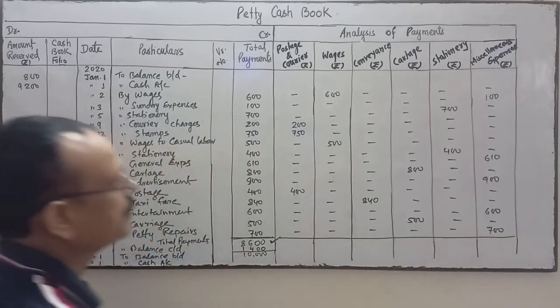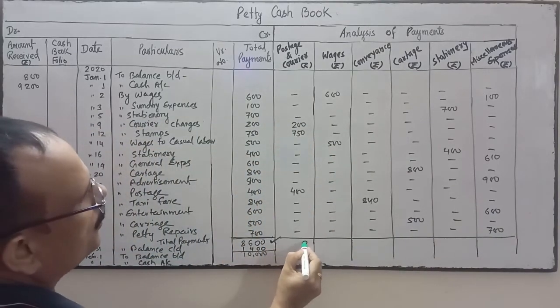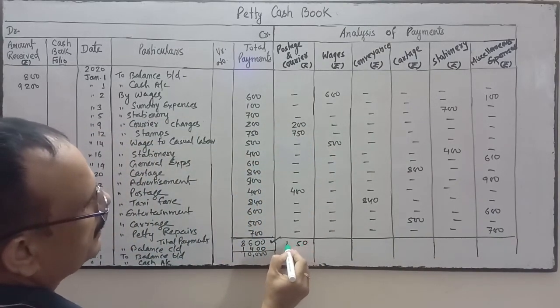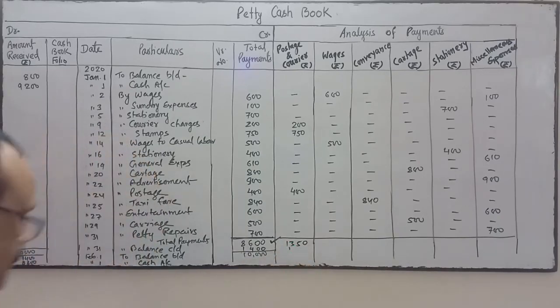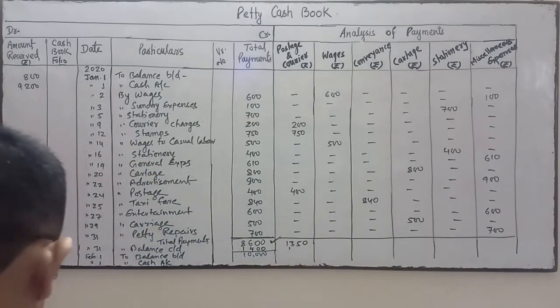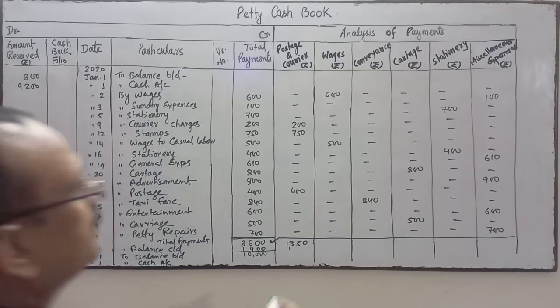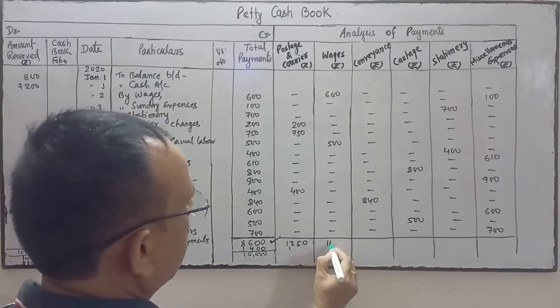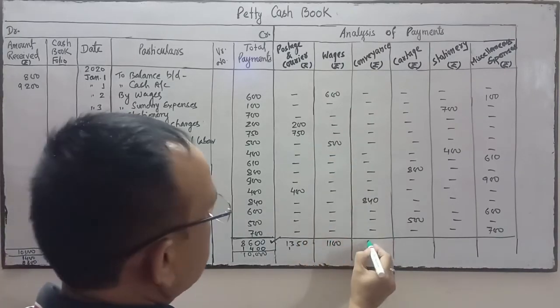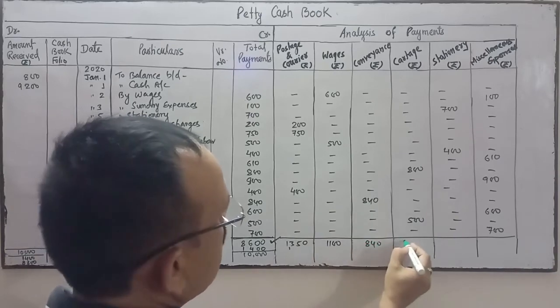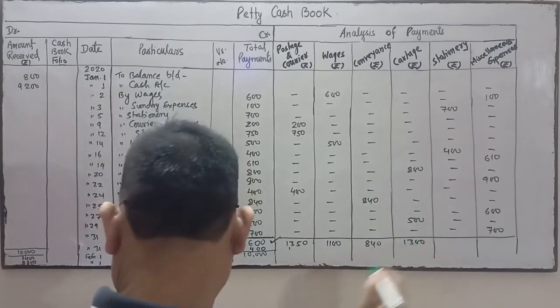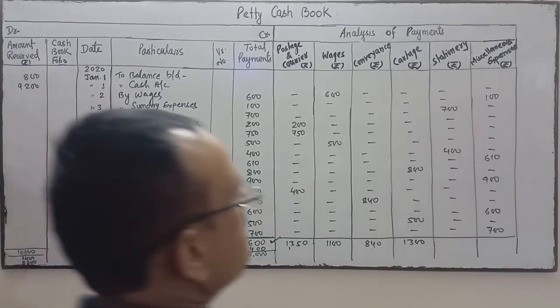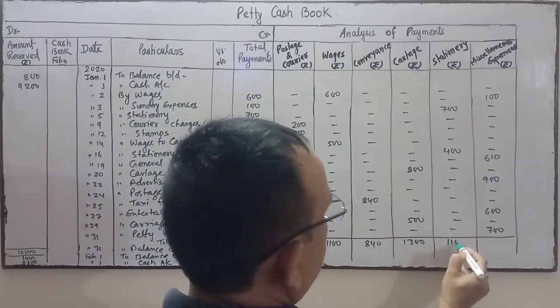We do the total. This total is 1,350. Okay. This total is 1,100. This total is 840. This one is 1,300. Next is 1,100.